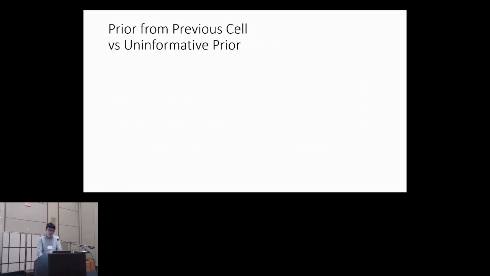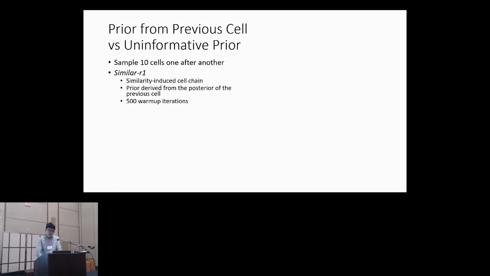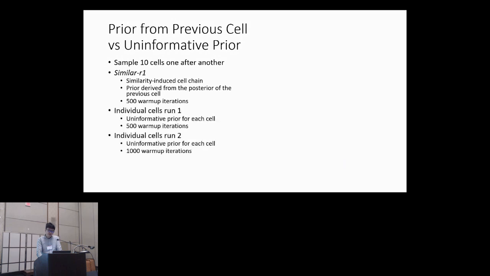Now let me show you the advantage of using cell chain. We sampled 10 cells one by one under 3 different settings. The first one uses a similarity-induced cell chain, which we call similar R1. 500 warm-up iterations are run before actual sampling starts.